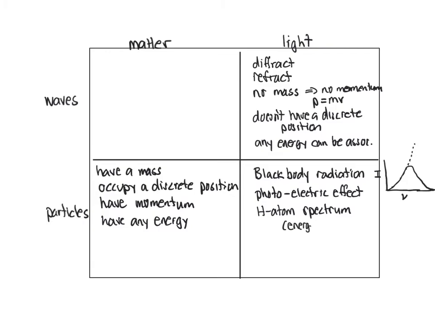So the light could only have certain wavelengths, and that goes against this classical view where light can have any energy. These three experiments, and you can read more about these in your book, all showed us that light could not be described entirely by Maxwell's equations and electromagnetic theory, and that there was something else going on there.